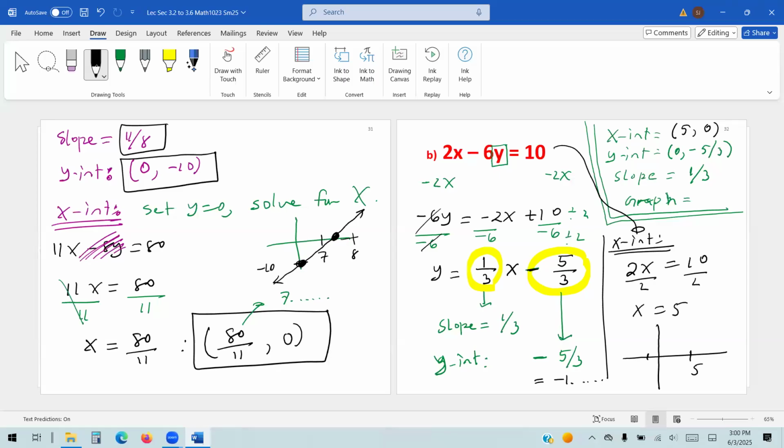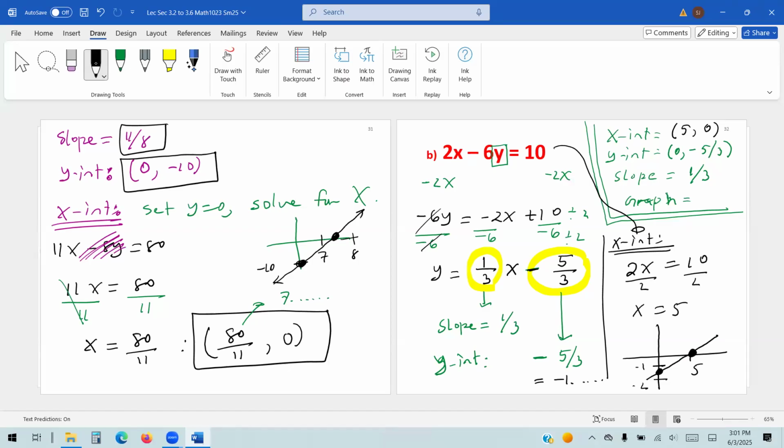Oops, it's the y, my bad. If this is negative 1 and this is negative 2, it's somewhere between negative 1 and negative 2. Negative 5/3, we don't know exactly how much. So we're estimating: the x-intercept is 5, the y-intercept is between negative 1 and negative 2. You connect them with a straight line.